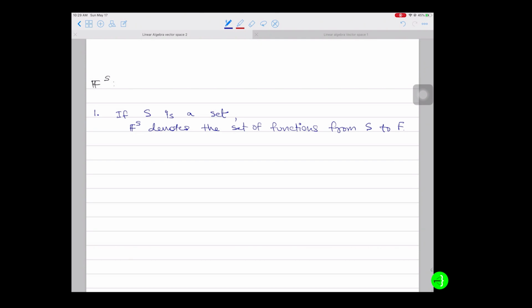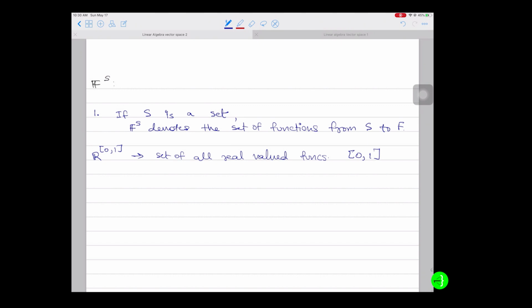It is a mapping from S to F, and the set of all such functions is denoted by F to the S. So for example, if we have R to the [0,1], we know that this [0,1] is a set. So this is the set of all real valued functions defined on [0,1]. It means the domain is [0,1] and the range is real numbers.